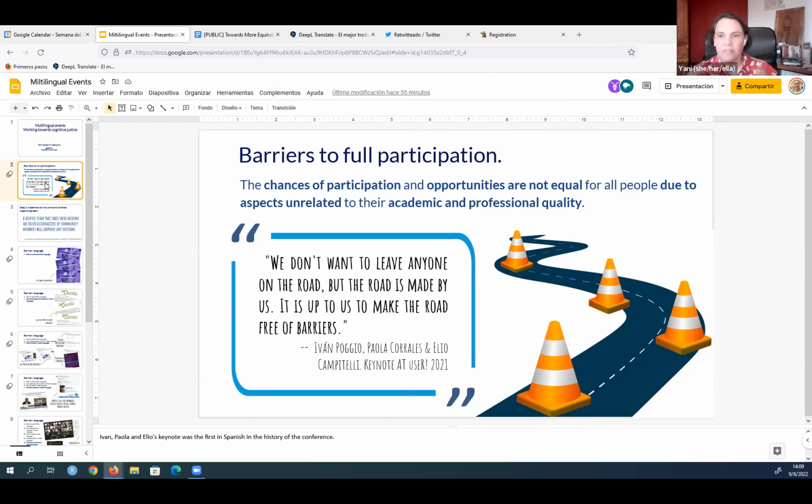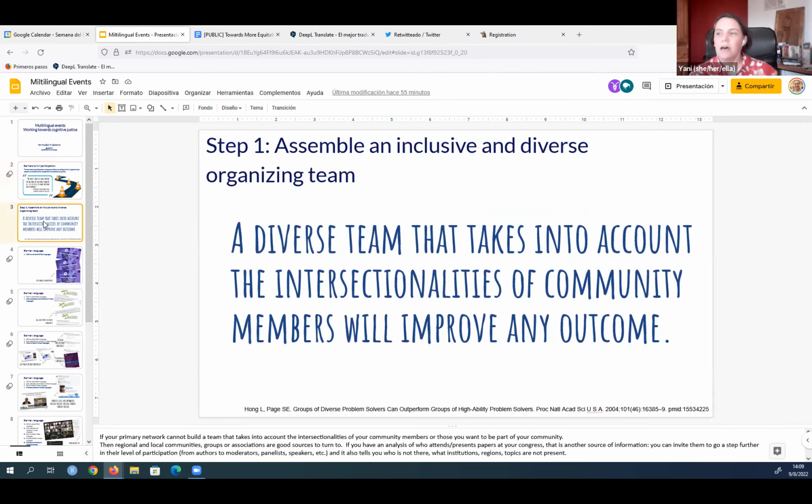And I really love this idea that it's not only the responsibility of the host, but the entire community to work on this. And for me, step one, Murphy also said this, is to have a diverse team building the conference from the beginning. The experience of people who are usually part of these excluded groups cannot be replaced by second-hand experience or good intentions.